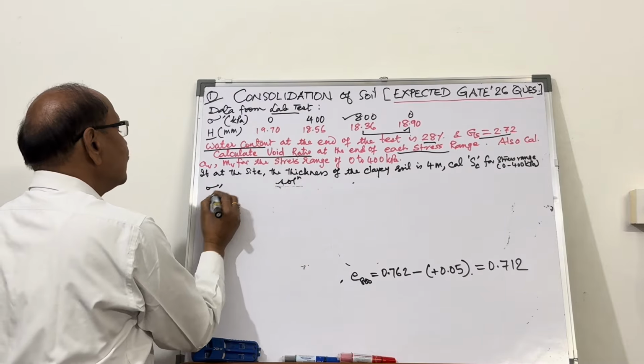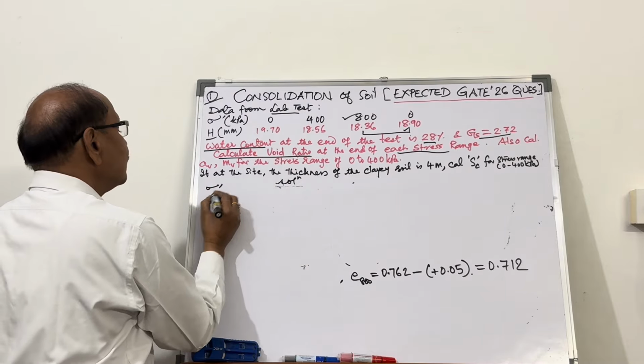So this is the final HF, the final height at the end of the experiment, and therefore H is known to you. Now you can easily calculate delta H. That is going to be again in millimeter.